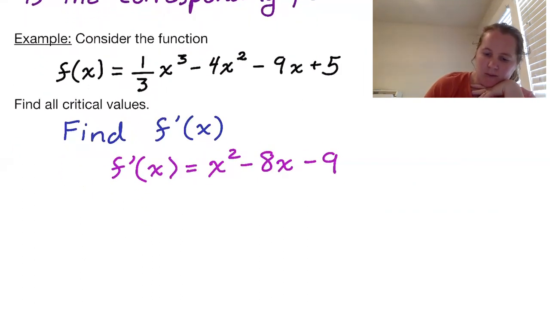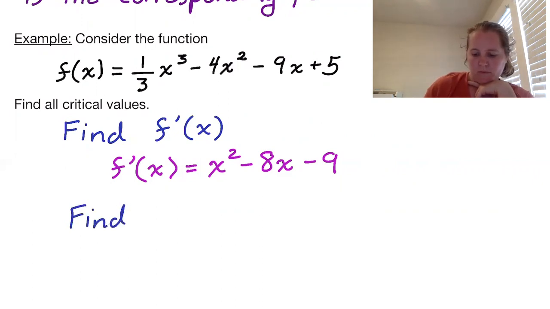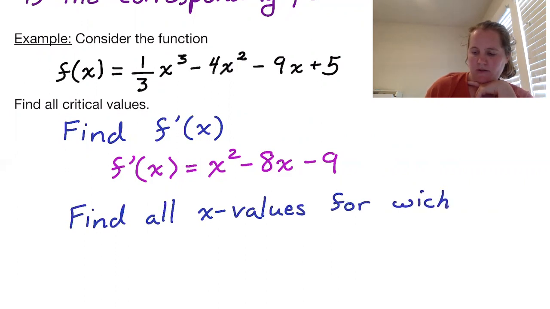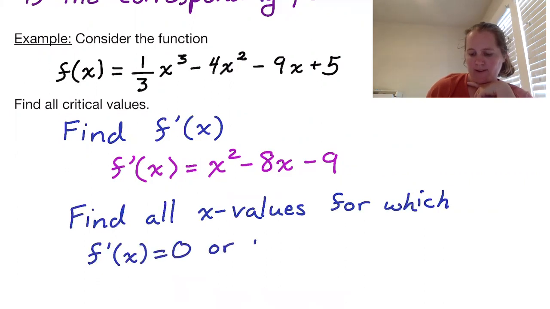Then we want to find all places where f prime of x is either undefined or equal to 0. So find all x values for which f prime of x equals 0 or is undefined.